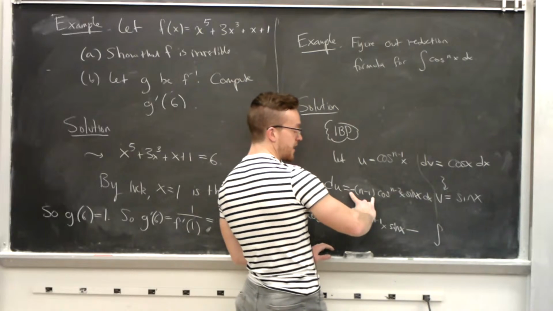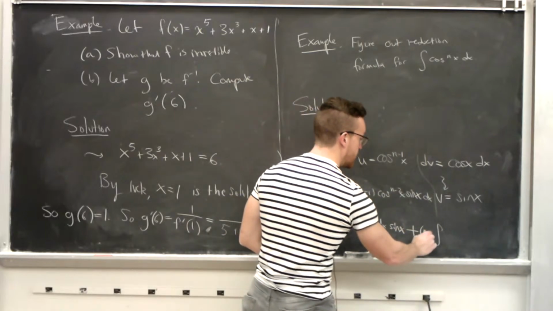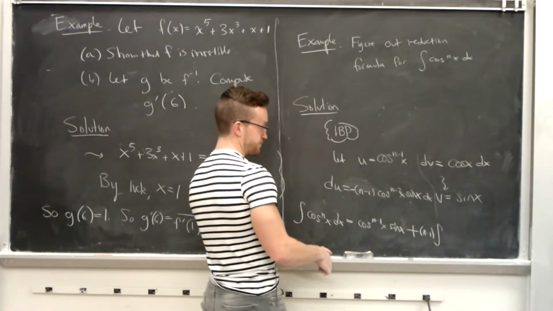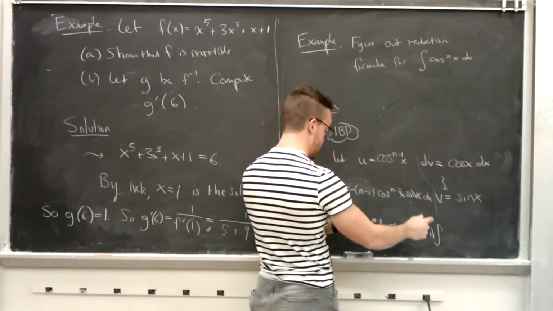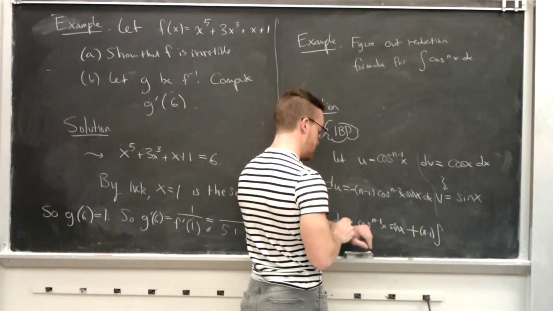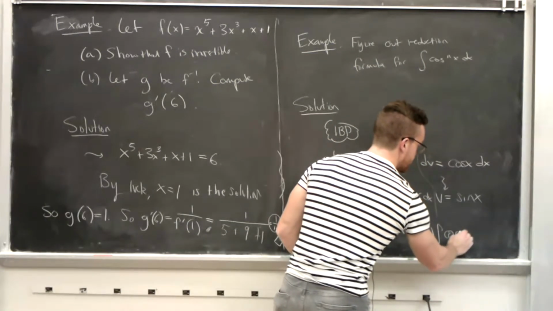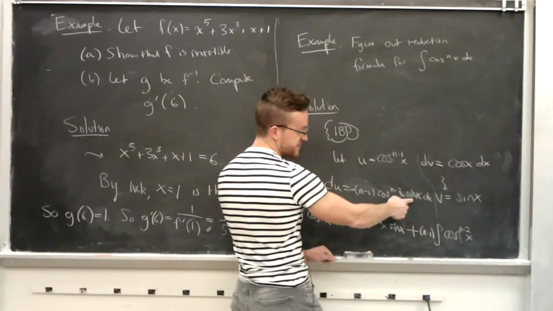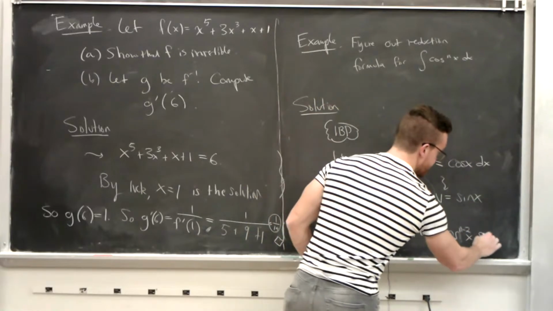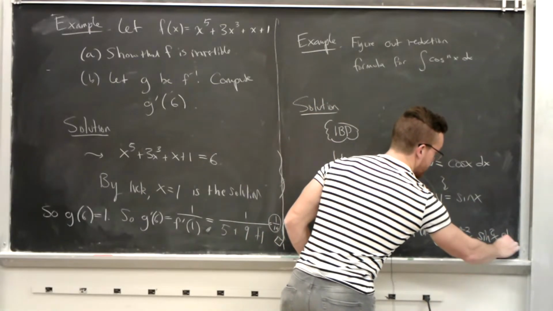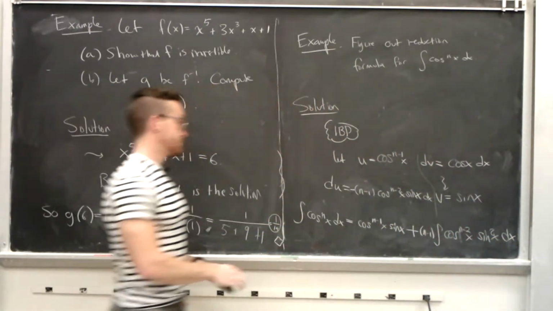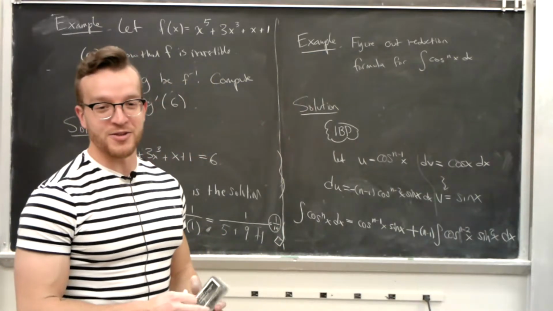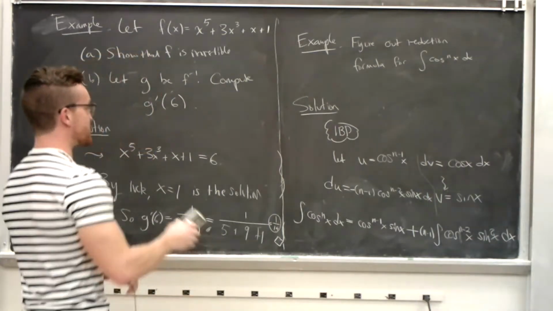Du has a negative n minus 1, so I can pop that out front, times cosine to the n minus 2, and then sine times sine is sine squared dx. Okay, that took me a little while, but that's one application of integration by parts.